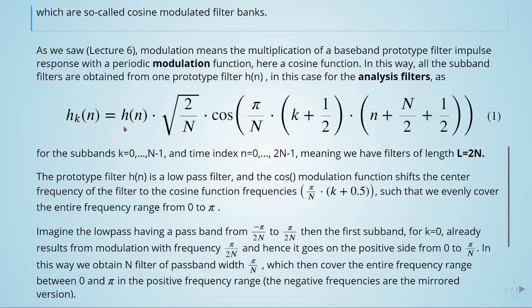The prototype filter h of n is a low-pass filter, and the cosine function is the cosine modulation function that shifts the center frequency of the filter to the cosine function frequencies, given by pi divided by capital N times k plus 0.5, such that we evenly cover the entire frequency range from 0 to pi.